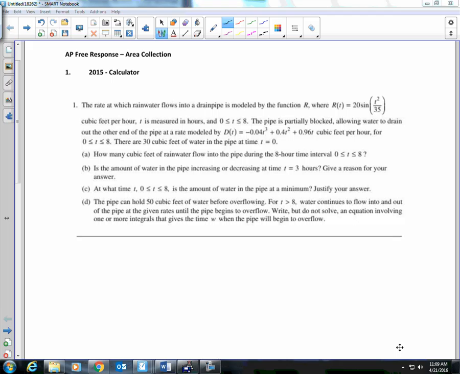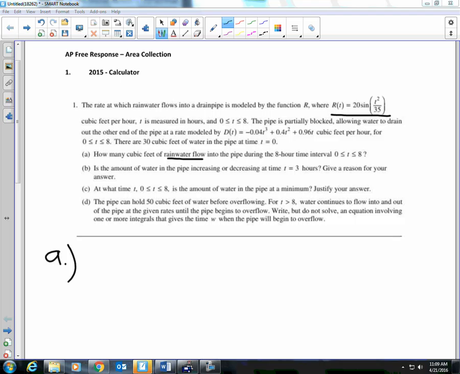The question is A, how many cubic feet of rainwater flow into the pipe during the 8-hour time interval? Now, look at what you're given. Are you given the amount of rainwater that's coming in, or the rate at which it's coming in? Rate. And when we're given rates, what do we do to find the amounts?